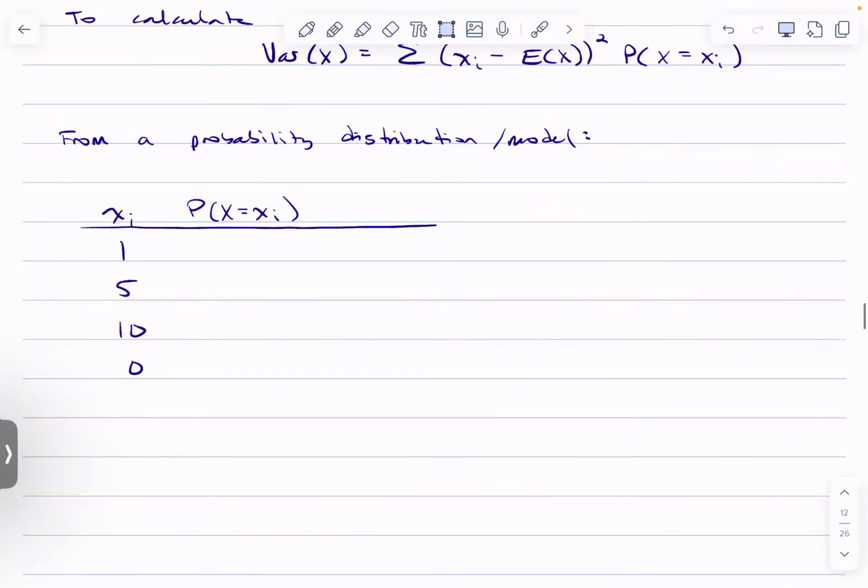Now, instead of it saying E of x down here, it would say the sum of all these. I would give you the sum of all these. In fact, I might give it to you even for the probabilities, but they have to add to 1, right? So that's kind of boring.